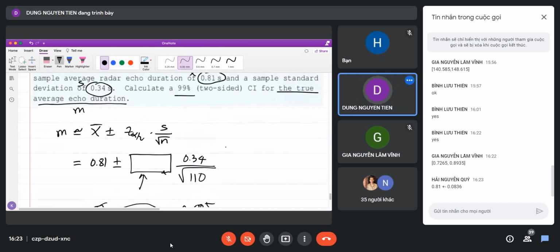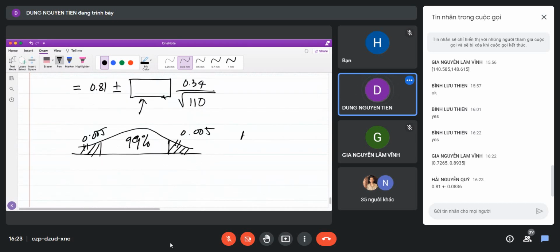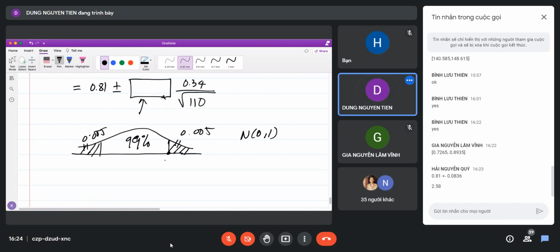You are using the standard normal distribution, N(0,1). What is this point? Can you tell me? The point here is the z value, right? And what is that number?